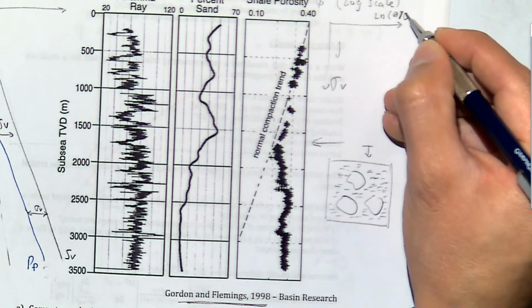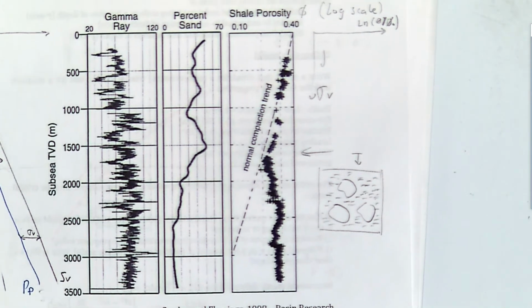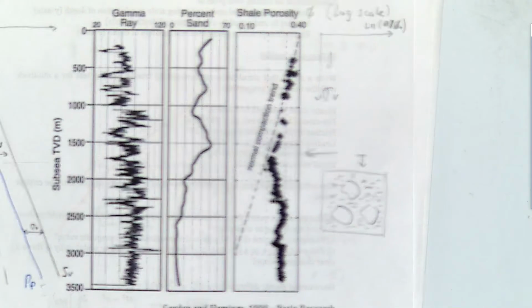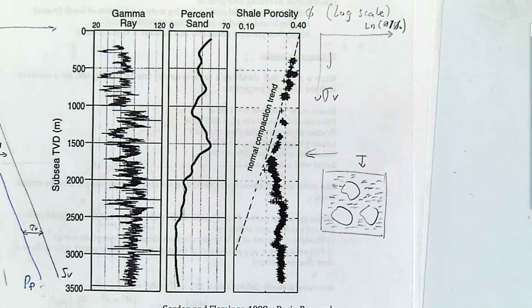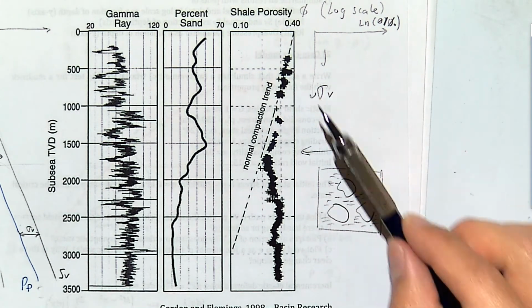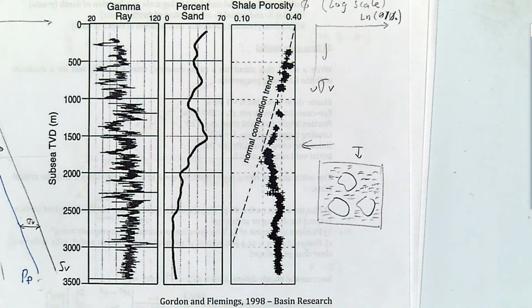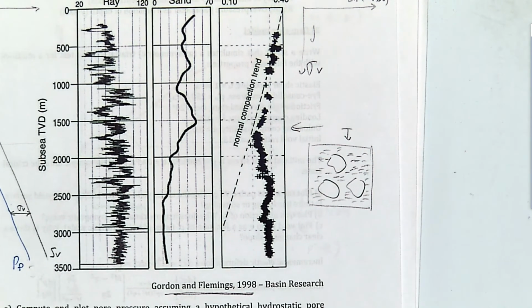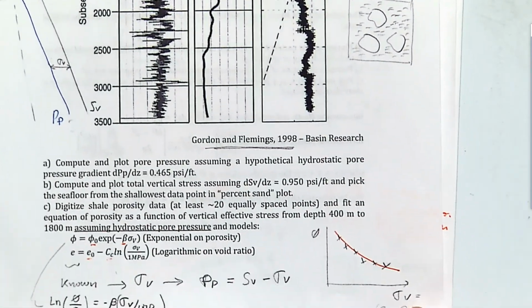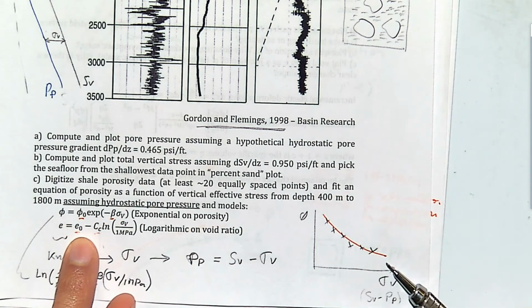And also, what I would say, it's just going to be easier, whether you use a linear scale or a logarithmic scale, to just get the data of porosity, plot it in linear scale against sigma v. This should look a little bit concave, and then use these two equations to fit that data.